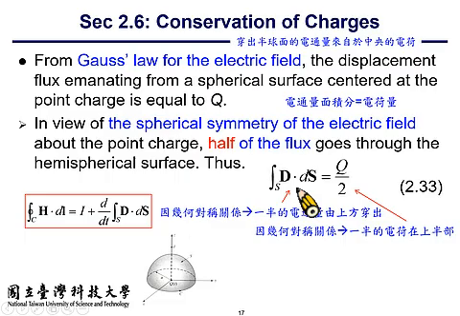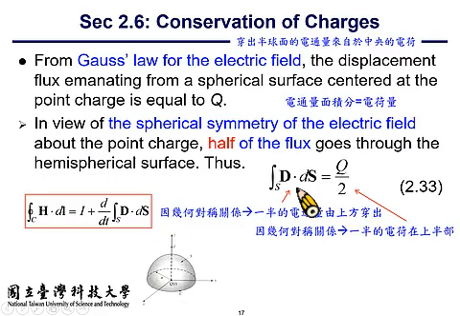It will be half of the charge enclosed in this region. Of course, this result is the same if S is replaced by S prime, which is the lower hemisphere, the bottom hemisphere. The lower half of the spherical surface will also give you Q over 2, half of the charge within this region.